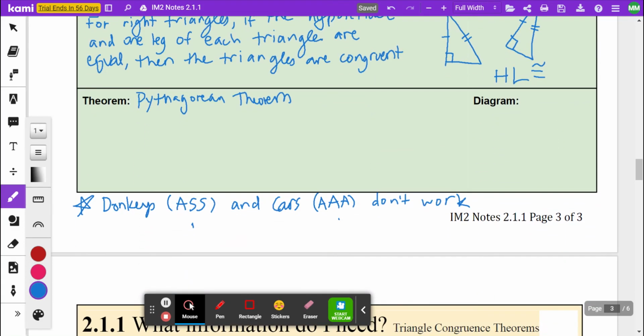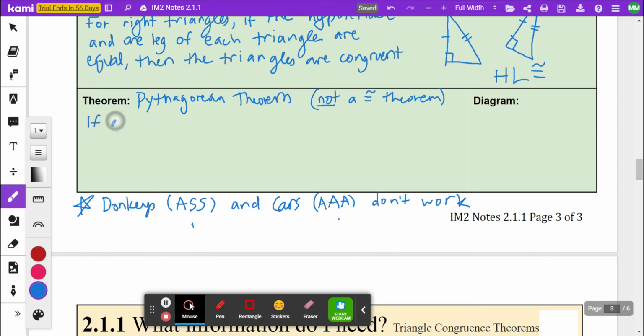Last, the Pythagorean theorem. This just happens to come up a lot in these kinds of problems that we're going to be doing, so we're including it. But I want to emphasize the fact that the Pythagorean theorem is actually not a congruence theorem. So not a congruence theorem. But it is a useful theorem, and we're going to make use of it. Okay.